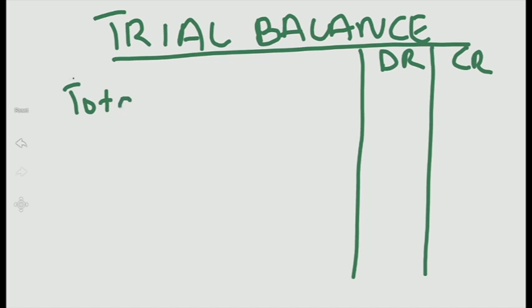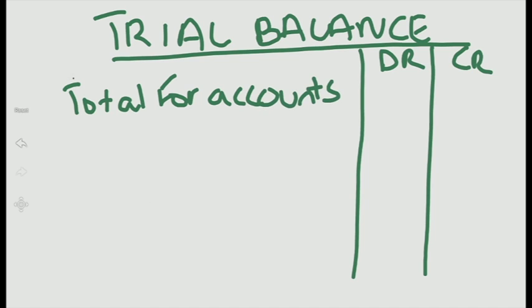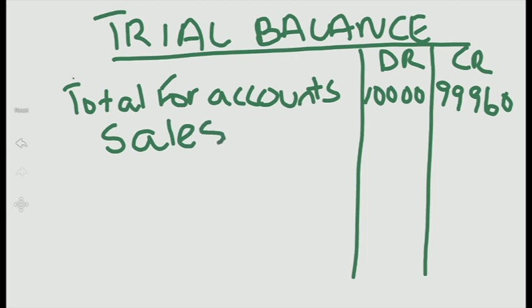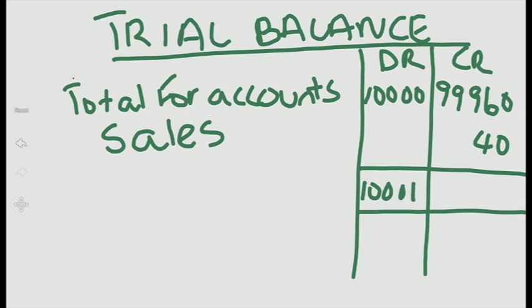The total for the other accounts still remains on the debit side as 100,000, and the total for the other accounts on the credit side still remains at 99,960. But now we have corrected and discovered that it was the sales. Sales accounts do appear in our books of accounts. Sales accounts 40 emalangeni. Therefore, it balances up.